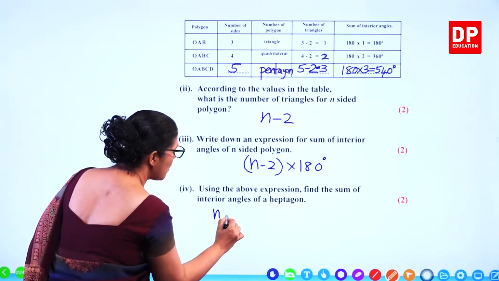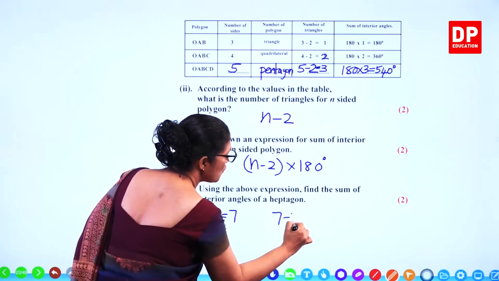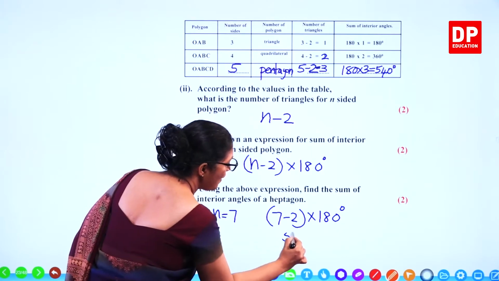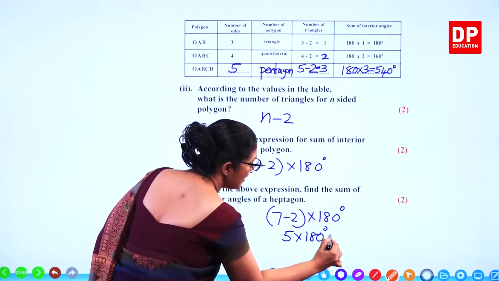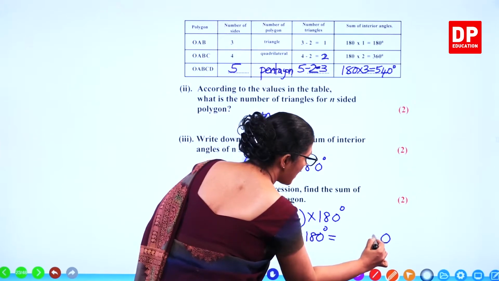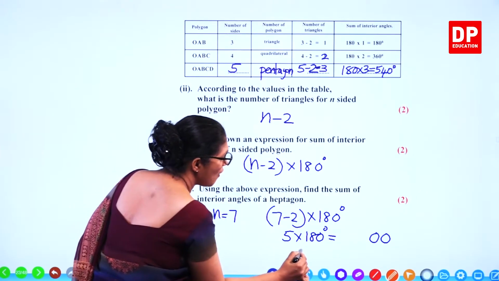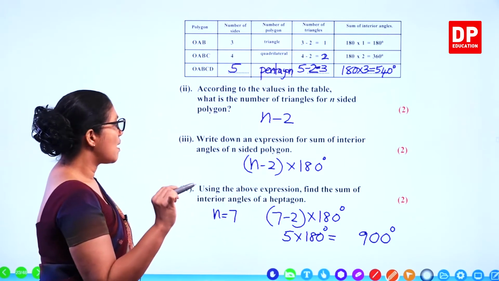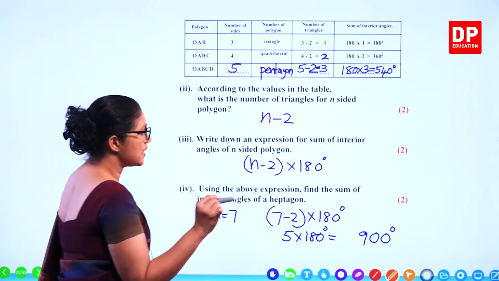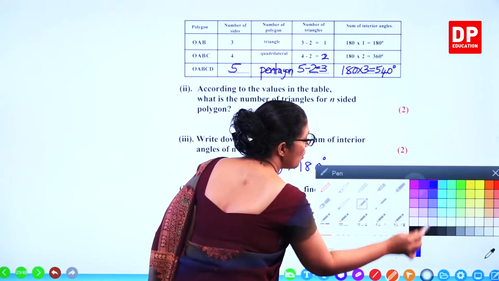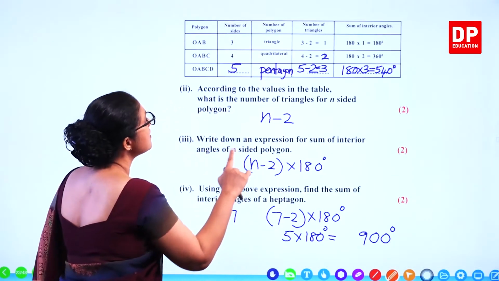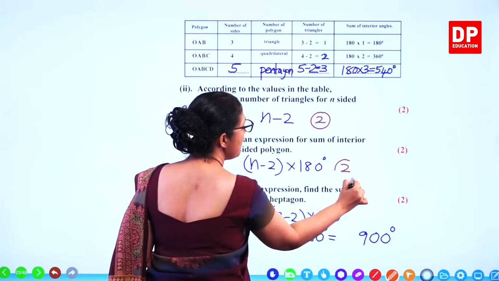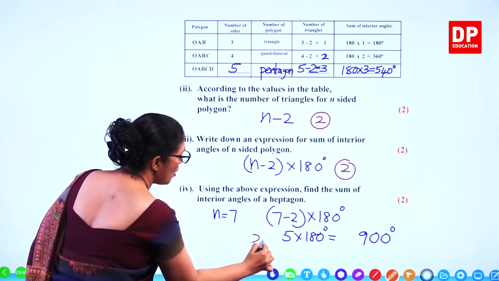So substitute n equals 7. 7 minus 2 times 180, so 5 times 180. 5 times 0, 0. 5 times 8, 40. 5 times 1, 5 plus 4. 900 degrees is the sum of interior angles of a heptagon. So you get marks like this. Here 2 marks for writing down this, and 2 marks here and 2 marks for this step.